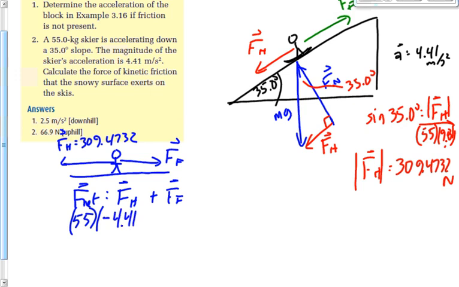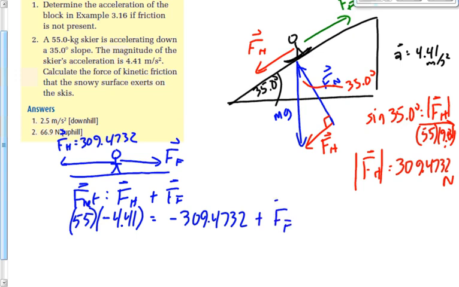Okay, I'm going to make it negative, just because I'm making left negative in my diagram. But if you make left positive in your diagram, that's okay. You just need to be consistent. So I'm going to make it negative 4.41. That means FH is negative 309.4732. Ryan, what did you make FH? Positive or negative? Okay, then you're good, because you were consistent with your acceleration and your force of the hill.